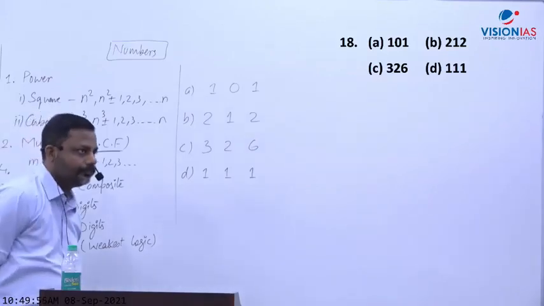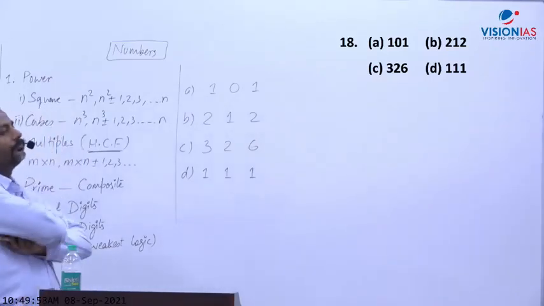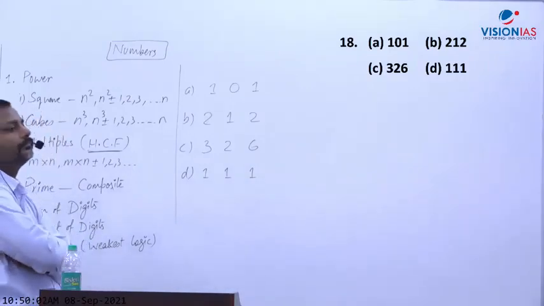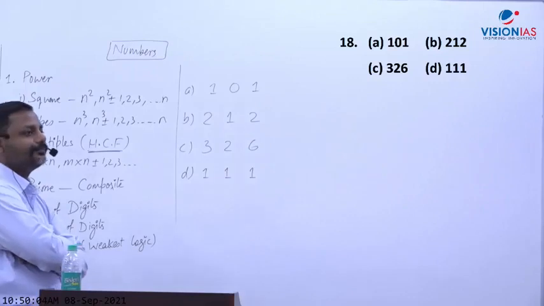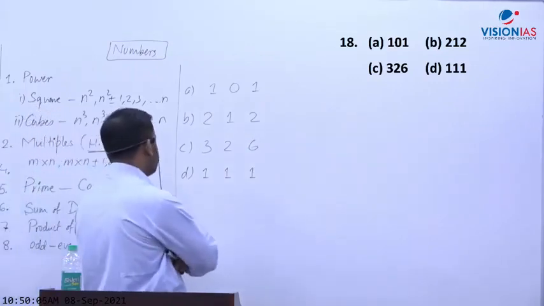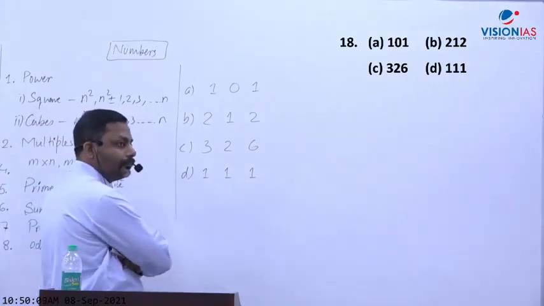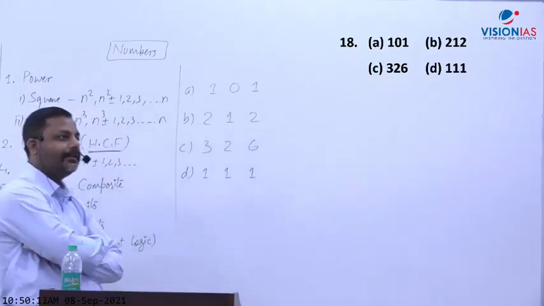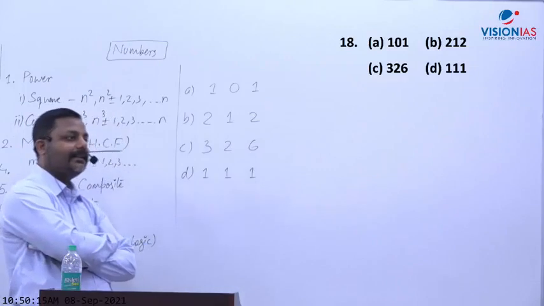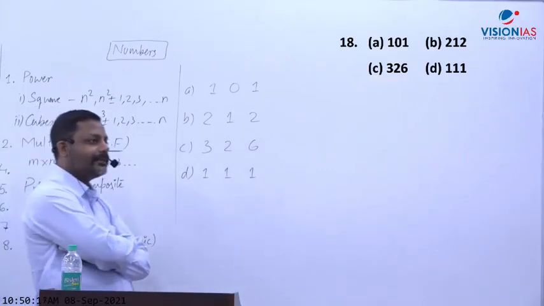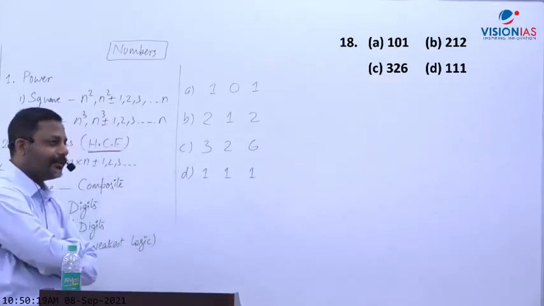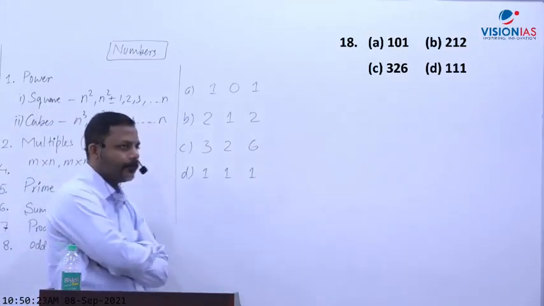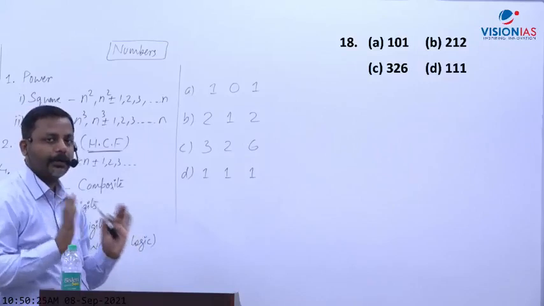Okay, someone is saying D, some are saying C, Richa is saying A. What is the logic of marking A as your option, Richa? The logic is very much important.